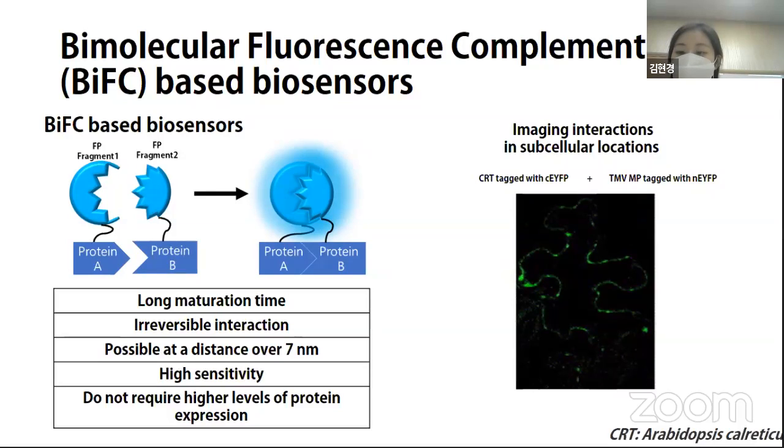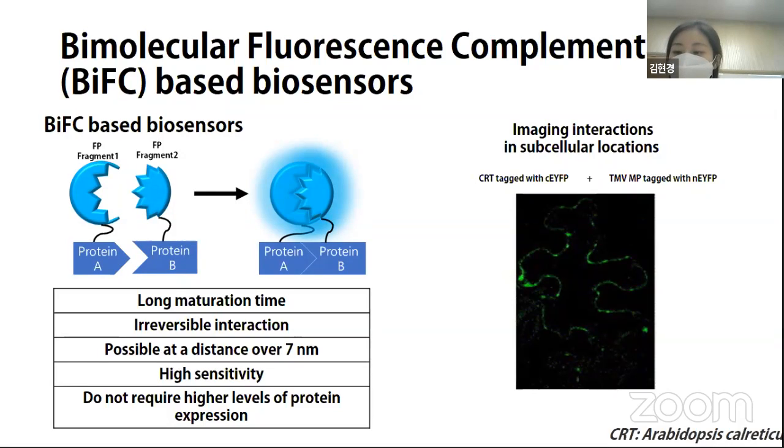Lastly, it does not need higher levels of protein expression, since BiFC does not have to transfer energy to other fluorescent proteins. Thanks to these advantages, BiFC can reveal subcellular localizations.